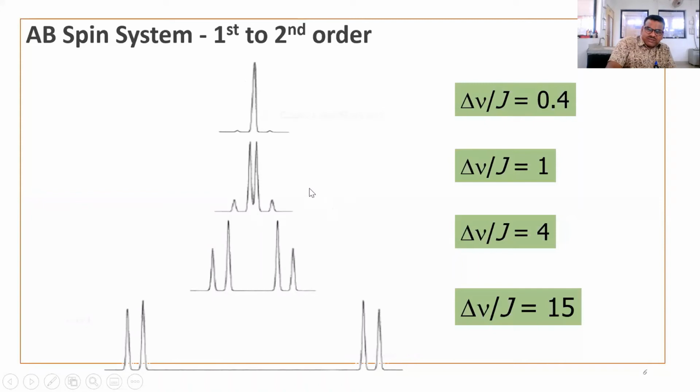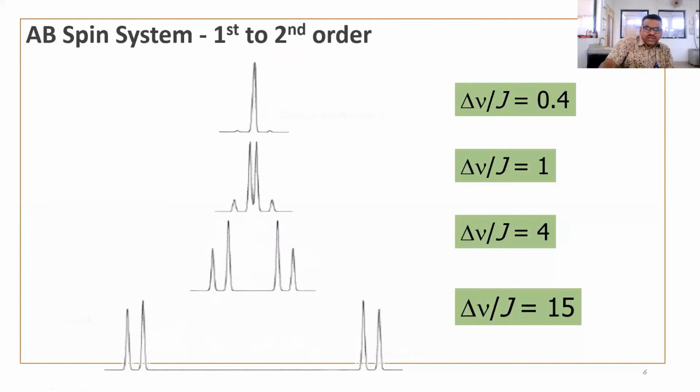In the next one, small peaks are trying to develop, and the middle peak which showed a singlet in the first order is going to change into a doublet. The difference between these peaks is still very small. But in the next, the doublets show a larger difference, and lastly we have two double doublets away from each other, showing a clear picture.